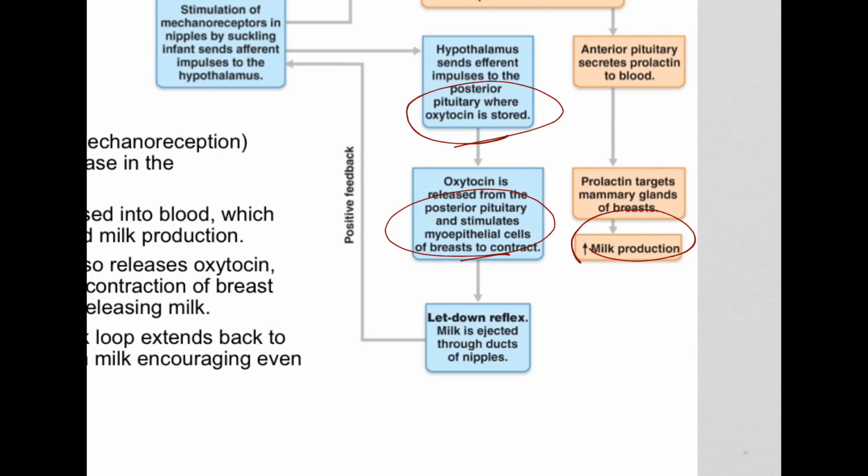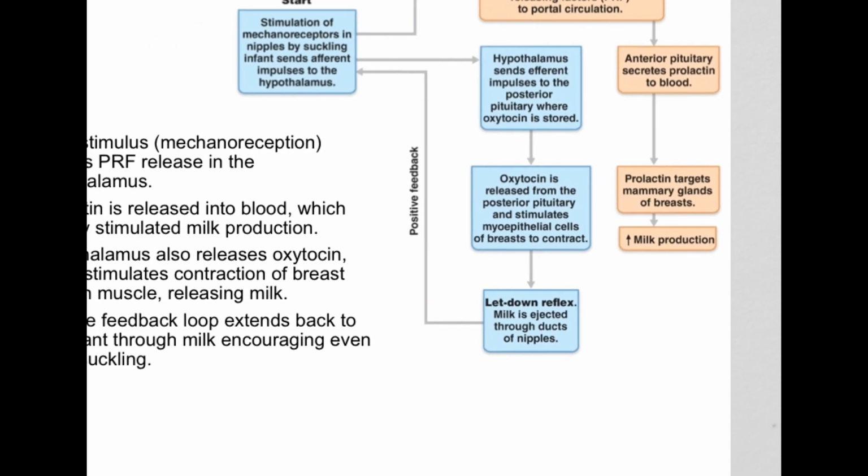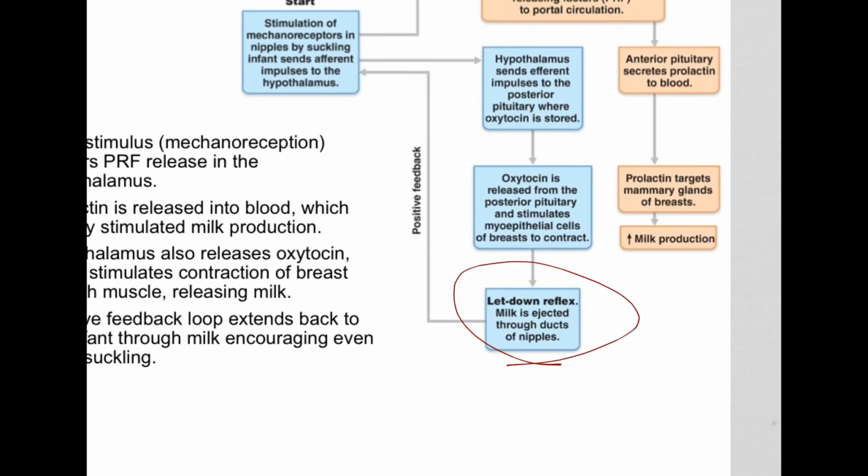So you move milk through those ducts, it's pushed out, and the positive feedback loop comes from the fact that the infant is part of this loop. So the more milk you let out, the more the baby likes it, the more they try to feed, the more you stimulate the response. And it works as positive feedback because there's a distinct endpoint. Right?